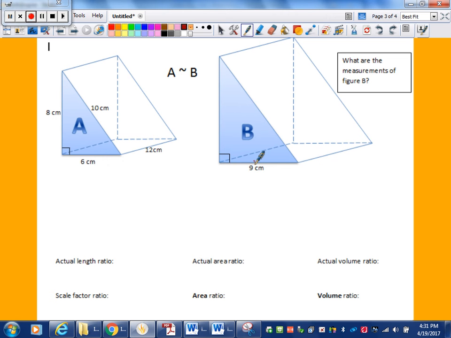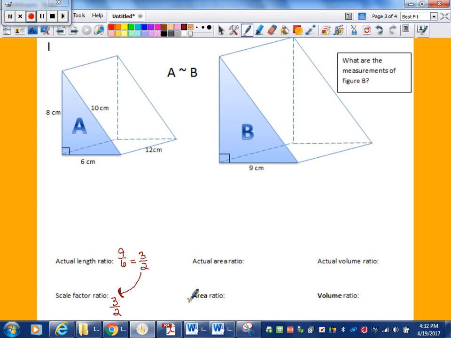From this, I can get the scale factor, or the length ratio, which is 9 to 6, which reduces down to 3 to 2. That's my actual length ratio, and your length ratio, once you've reduced it, turns into your scale factor. So my scale factor is actually 3 to 2.